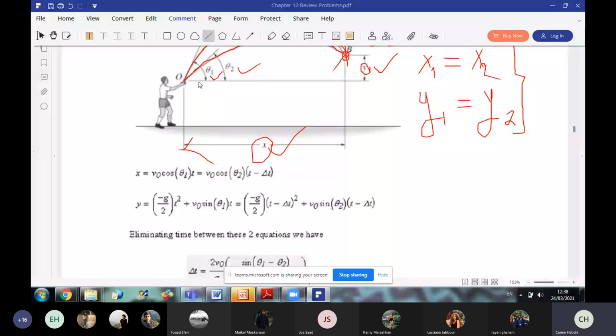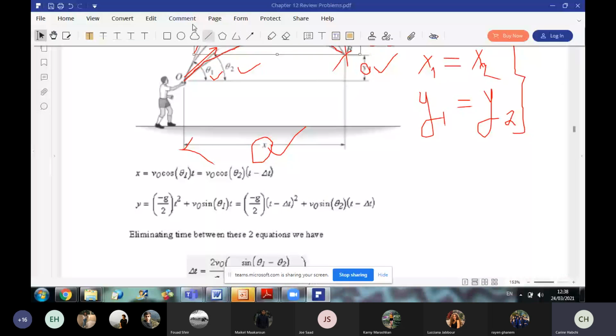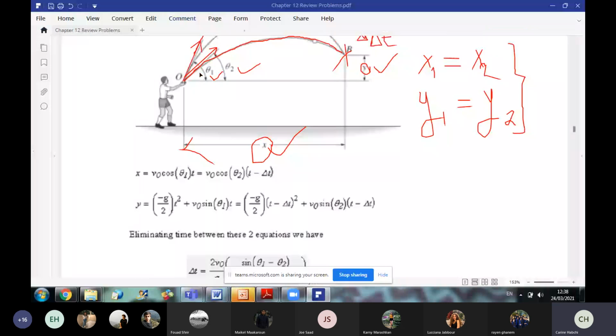For each particle you know the speed v0. You should decompose the velocity into two components, one along x, one along y. The component of v0 along x is v0 cosine theta 1 for the first particle, and v0 cosine theta 2 for the second particle.